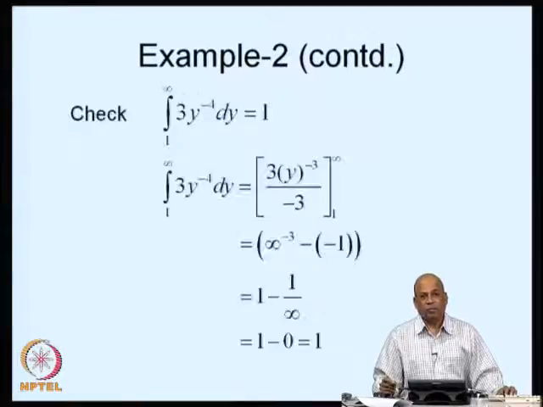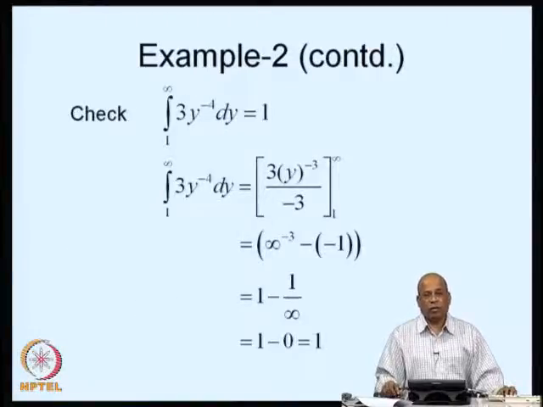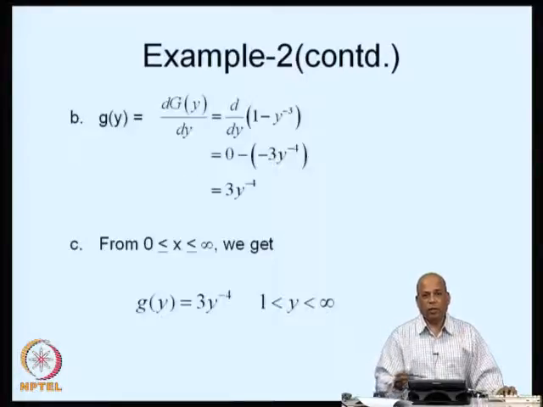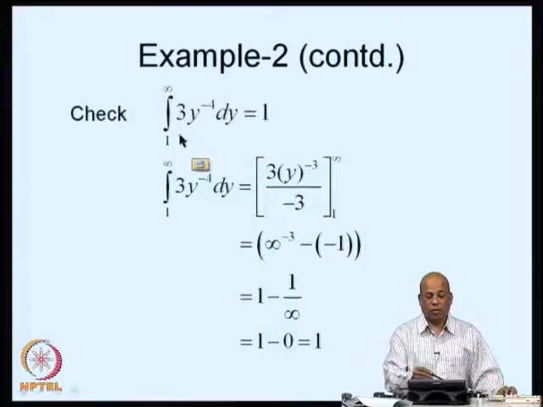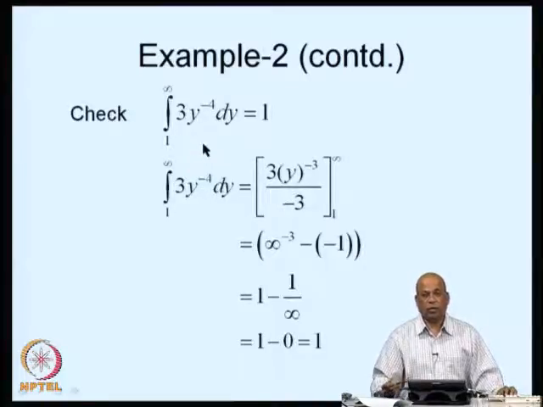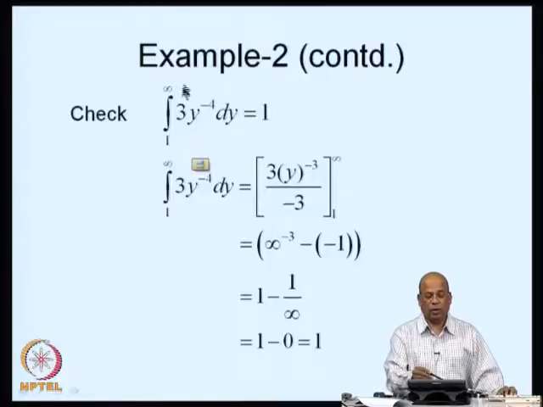This can be more generalized, as we will presently see, but this slide shows that the PDF that we obtained, 3 y to the power minus 4, satisfies the condition that over the region 1 to infinity, the integral must be equal to 1.